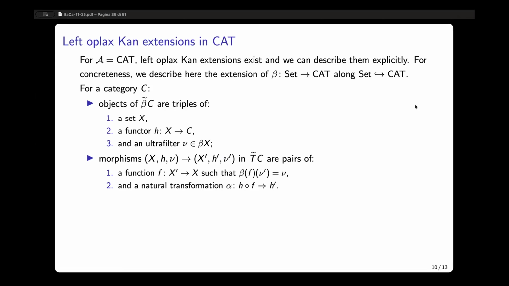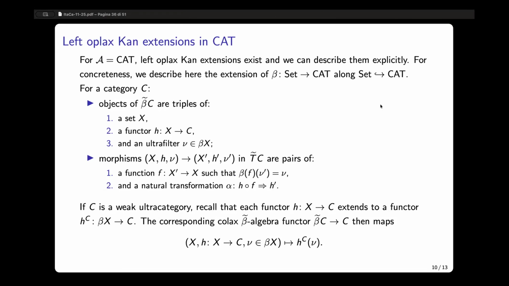And if you were there for Rosolini's talk at CT24, you might be surprised to see that there's no quotient on these morphisms, as in we're not identifying functions which agree on a big subset according to the chosen ultrafilter. And that's essentially the only difference compared to the pseudomonad that was defined by Rosolini and then also used by Hamad to prove that its colax normal algebras are Lurie's ultracategories.